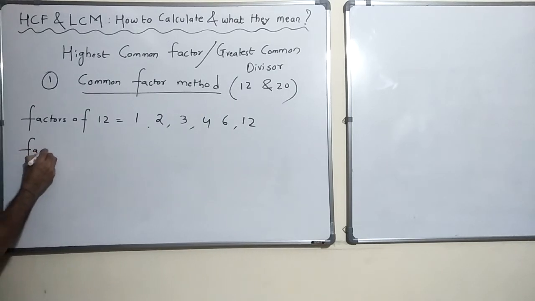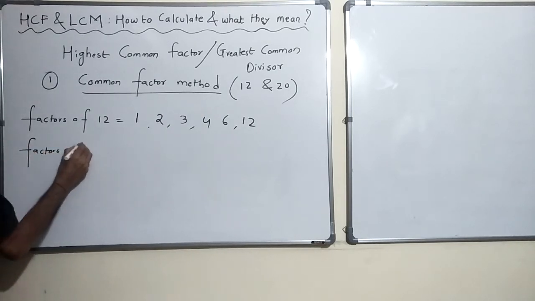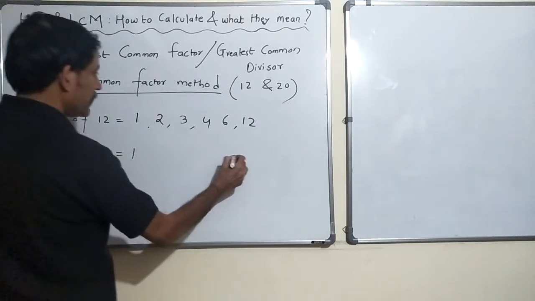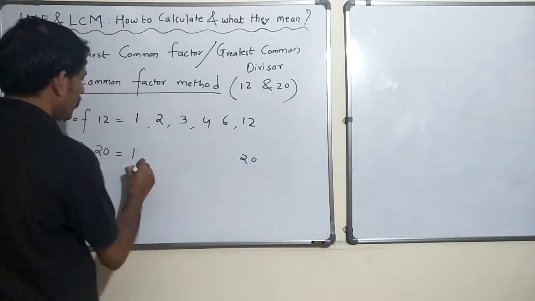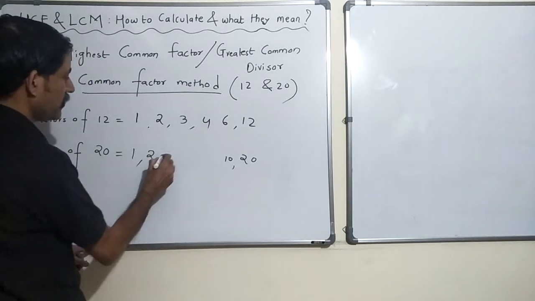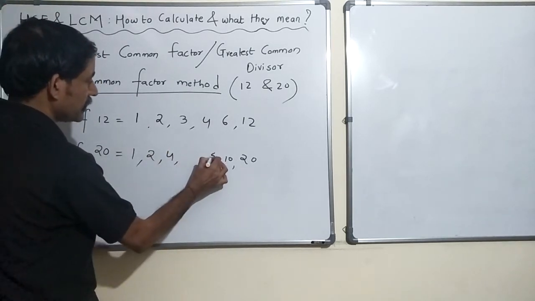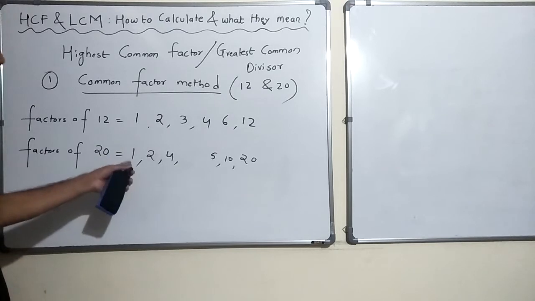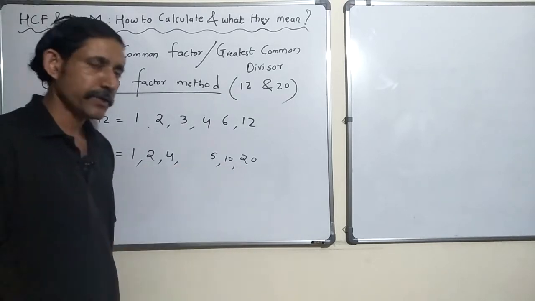Similarly, factors of 20 are 1 into 20 is 20, 2 into 10 is 20, 4 into 5 is 20, correct? Is there anything else that we can think of? I guess that's it. Okay. So, now factors of 20 are 1, 2, 4, 5, 10 and 20.